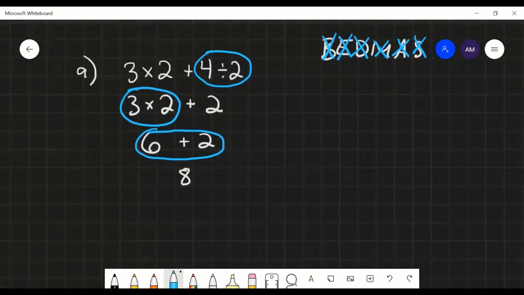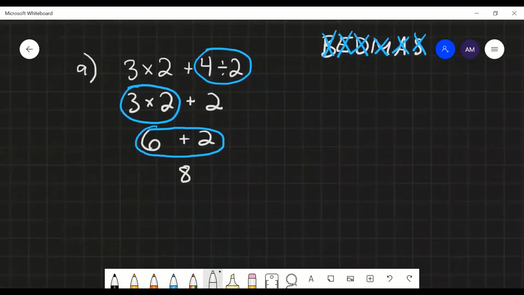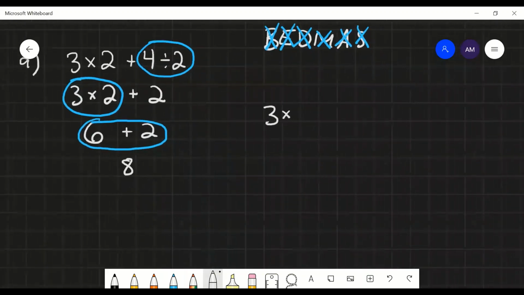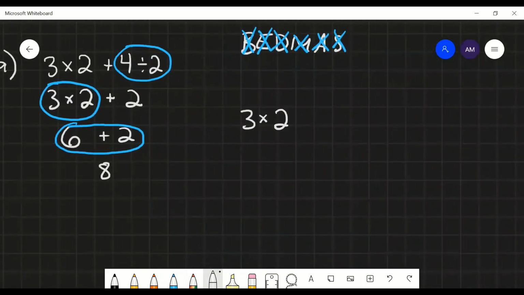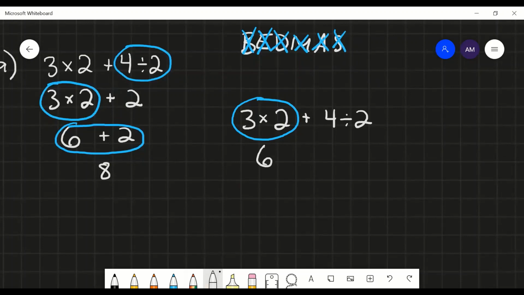Now, is BEDMAS important? Well, I'll show you what happens if we tried this in a different way. 3 times 2 plus 4 divided by 2, I'm just going to copy it here. What if I just went from left to right? Meaning I evaluated this first, 3 times 2, which is 6. And then left to right again, 6 plus 4 is 10.